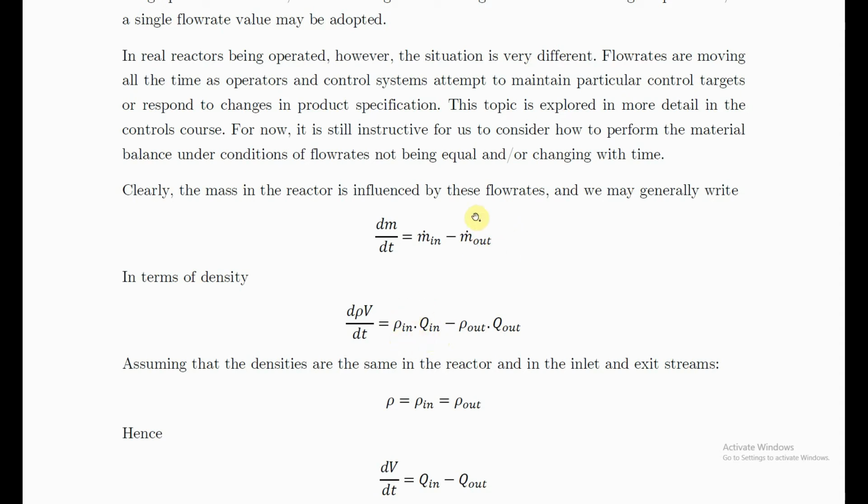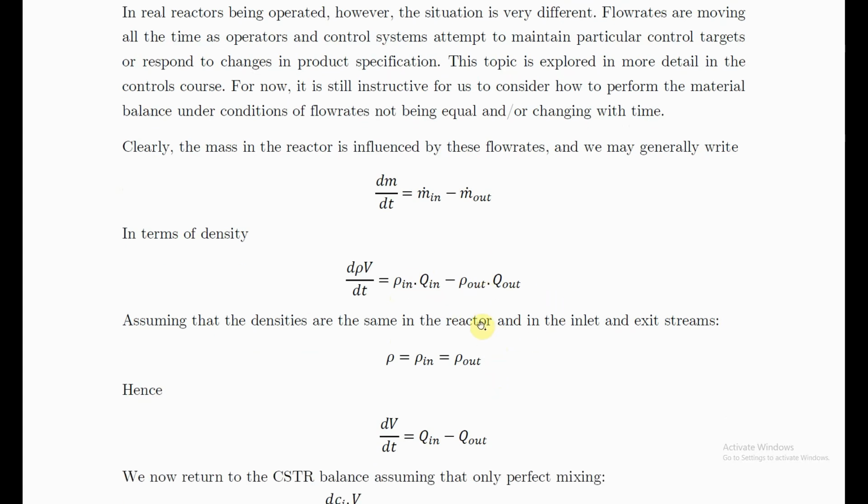So that's an estimate of your mass flow in. And then your exit mass loss is equal to your volumetric flow rate at the exit point multiplied with the density at the exit point. And then if this is all happening in the liquid phase, quite often we can make the approximation that the density inside of the reactor is equal to the density at the inlet point and is equal to the density at the exit point.